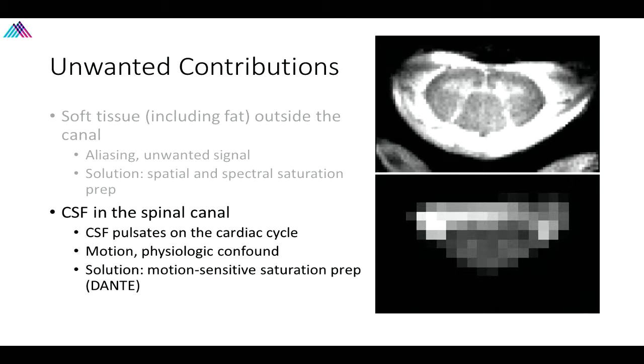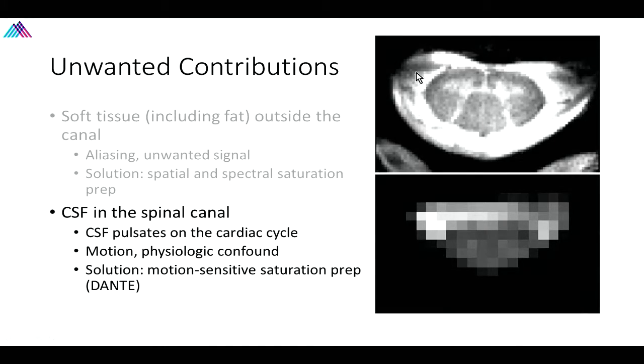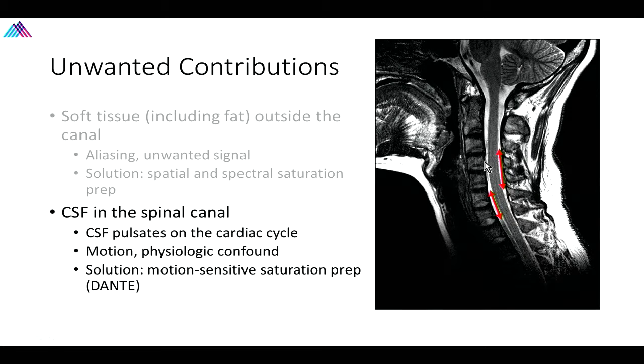But if we have this cerebrospinal fluid right next to the spinal cord here, which is also pulsating on the cardiac cycle, this induces some time-fluctuating signals, and this can bleed into or alias into the spinal cord, and it can cover up this neuronal origin, blood oxygenation level dependent signal that we're interested in.